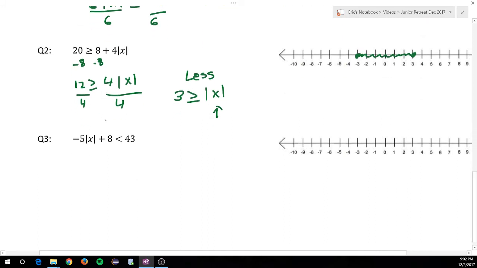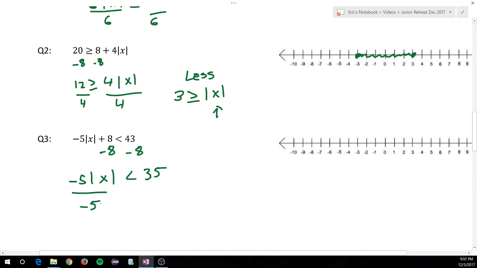Third example. Again, please pause the video, try it on your own, give it a good try. And if you have unpaused, well, now I'm going to do it. Minus 8 from both sides. Negative 5 absolute values of x less than, oh, what would this be? This would be 35.